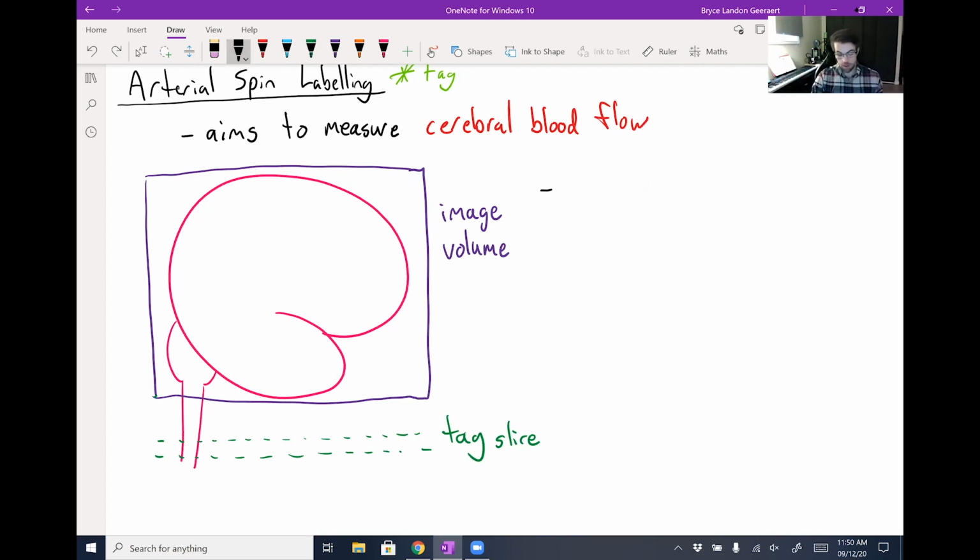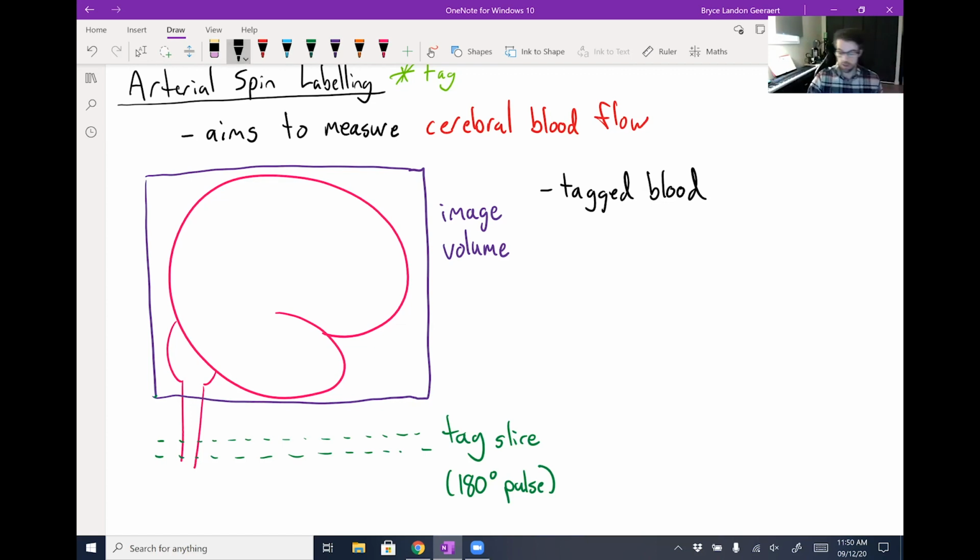But the concept is this tagged blood, which let me explicitly mention is usually a 180-degree pulse. So lots of spins have been excited into that anti-parallel state with a tagging RF pulse, and then they're moving into the brain thanks to blood flow and perfusion, right?